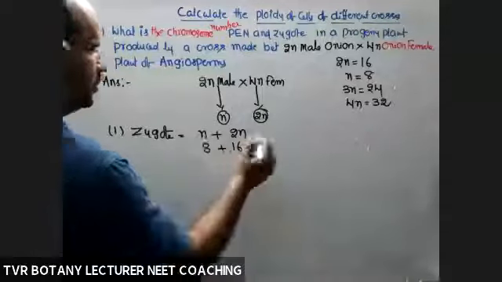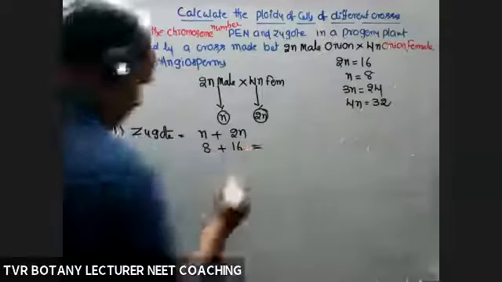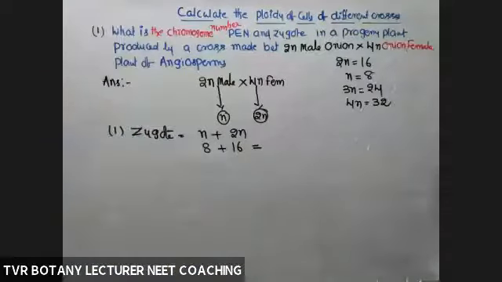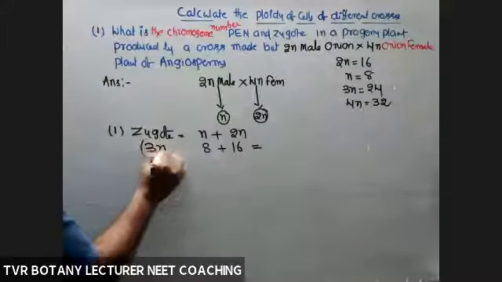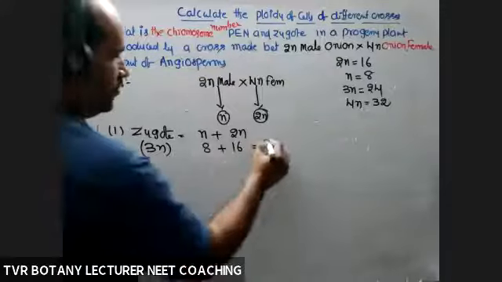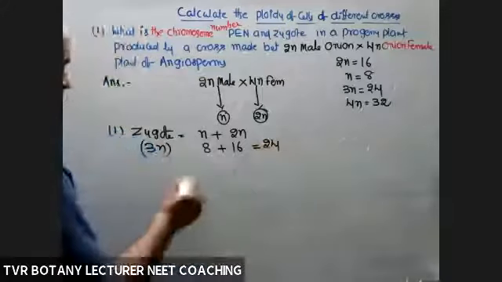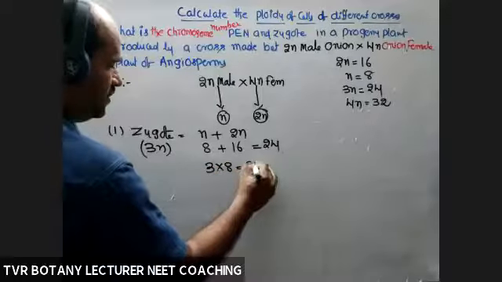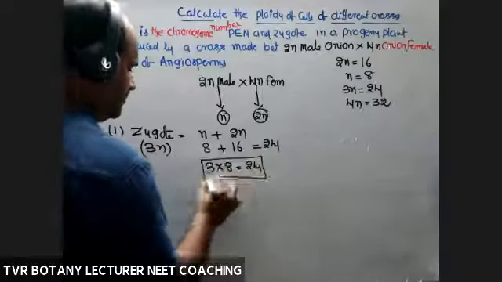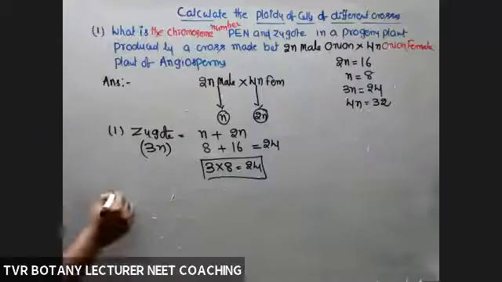So what is the ploidy of zygote here? 3n. Okay, so 24, or simply 3 into 8. Simple shortcut.